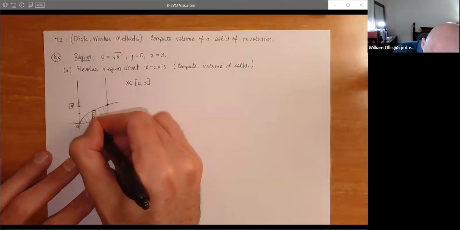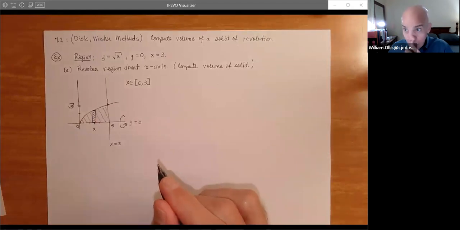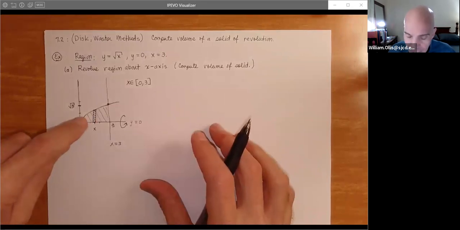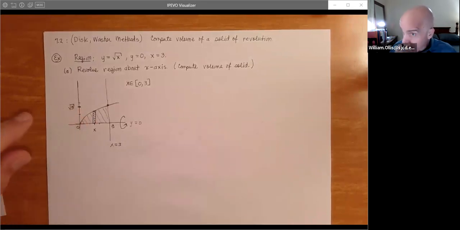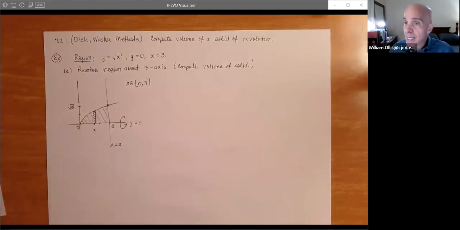Now, the idea is we can do this for every element of the partition and generate a disk, so to speak. This is why we call this method the disk method. As we rotate, we create a disk, a circular disk, and we know the area of the circle. And then of course we know the thickness is delta X, but in the limit, the delta X becomes the dx.